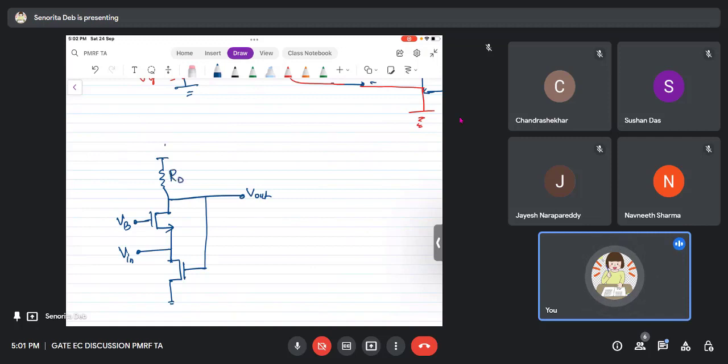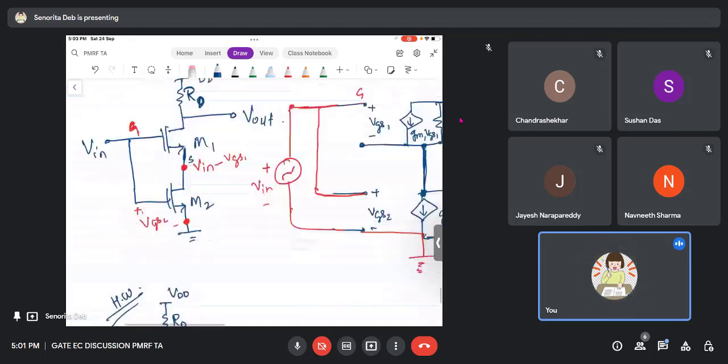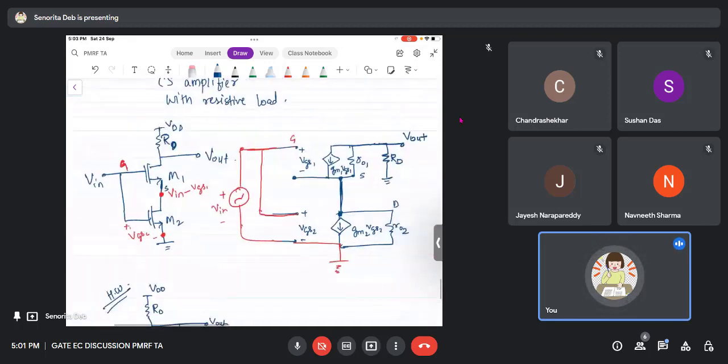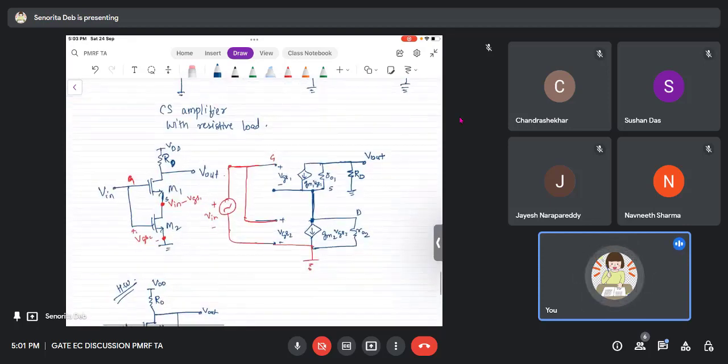We can just look at the circuit and tell what the GM, the R0, and the voltage gain will be. That is possible. But first we have to learn the small signal. So this is your homework, I would say. Try to analyze this, and the small signal that I have drawn, that also you analyze.